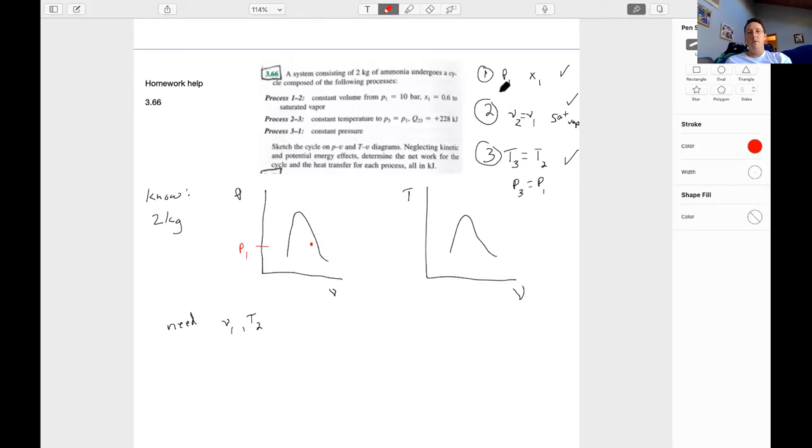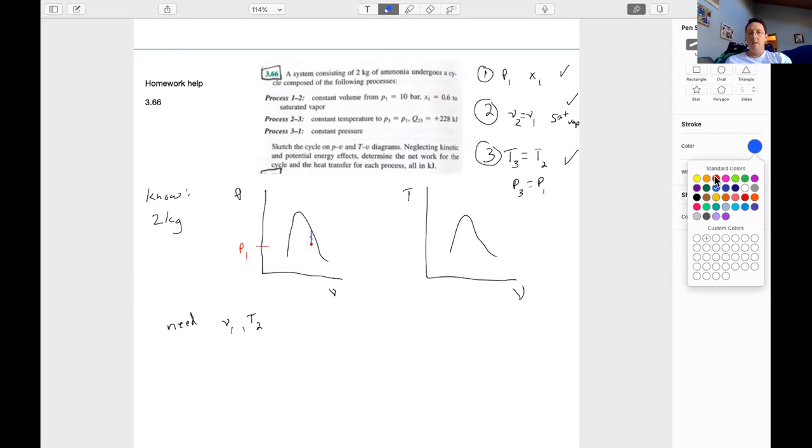And then I know from 1 to 2, it's isochoric. And 2 is saturated vapor. So I know it's got to go upwards from 1 to 2.